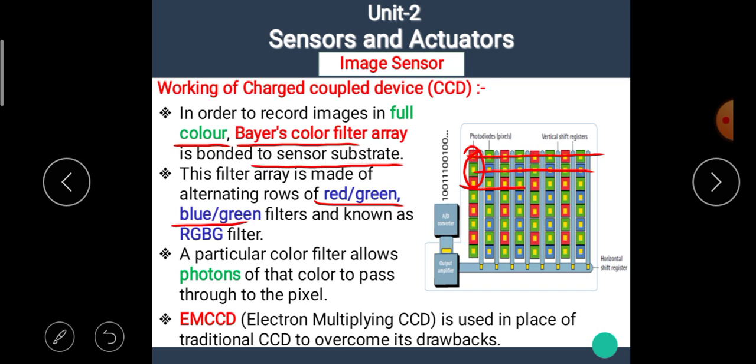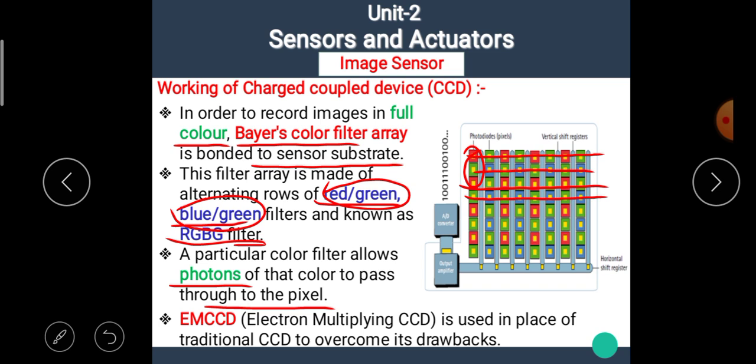This one again is red green, and this one is green blue. That means there are alternating rows of red green and blue green filters, known as the RGBG filter. A particular color filter allows photons of that color to pass through the pixel.